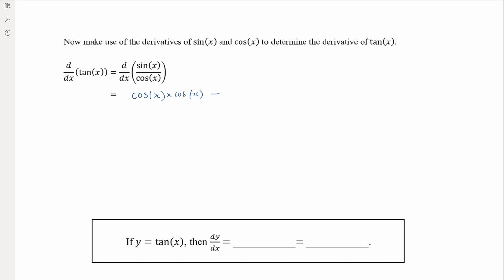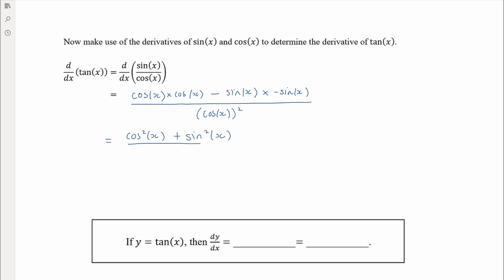We subtract, we leave the numerator as it is, and we differentiate cos of x, the denominator, which is negative sine x. And then we have all of that over the denominator squared. So we have cos squared x, it's cos x times cos x, and then plus, because it's minus minus, so plus sine squared x, all over cos squared x on the denominator as well.